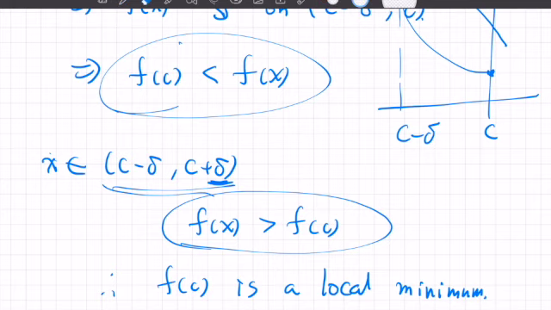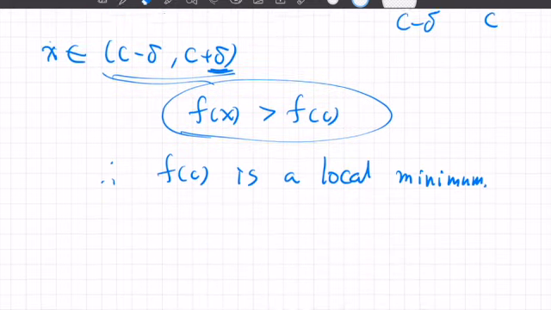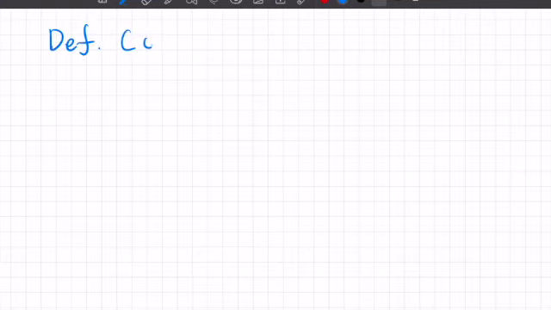Next, we would like to define some qualitative description about functions. That is concave and convex. Okay, so let's define it. Definition. Which one is first? Convex and concave.